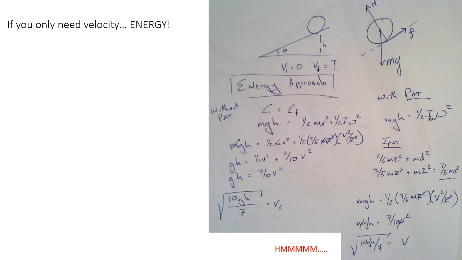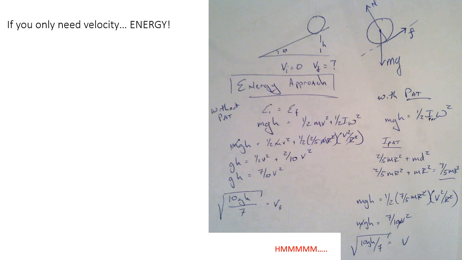So we plug both of those in for 1/2 I omega squared, and we get everything to be in linear language. So instead of part of it being in linear and part in rotational, everything is now in linear language. When I cancel my m's out and my r's out, I end up with 1/2 v squared plus 2/10 v squared.